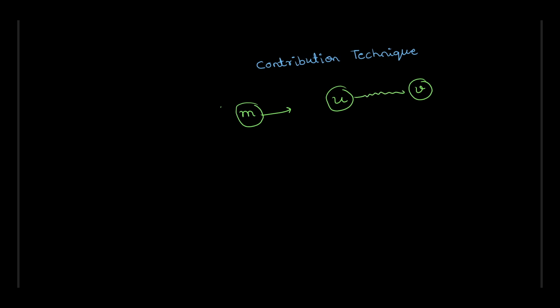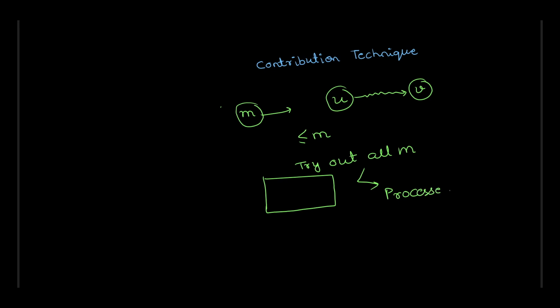Every time there is a path, the answer is less than or equal to M. This means that if you try out all M, then you would have processed all the candidates, just like in the last video. You have processed all the candidates. Therefore, one of these M has to be the answer.